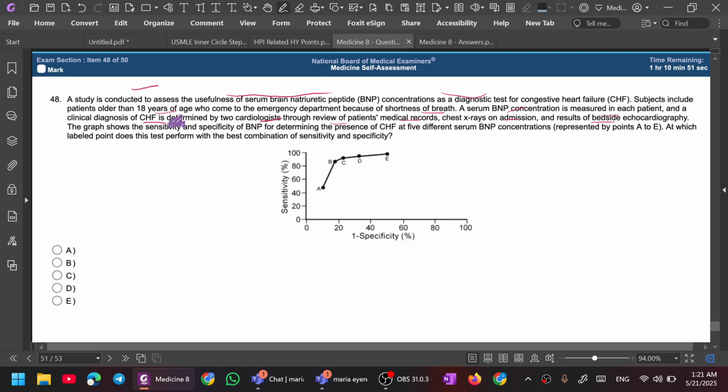A graph shows sensitivity and specificity of BNP for the presence of CHF at five different serum BNP concentrations, A to E. Which of the labeled points does this test perform with the best combination of sensitivity and specificity?